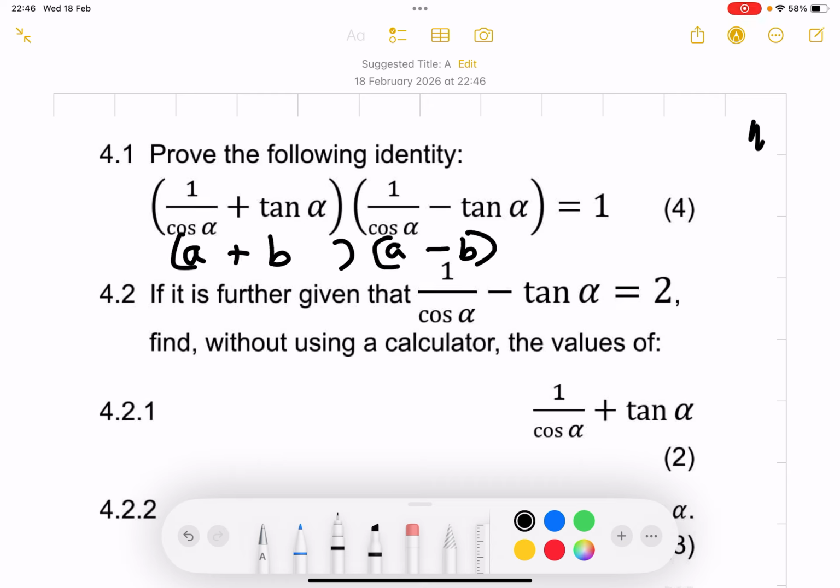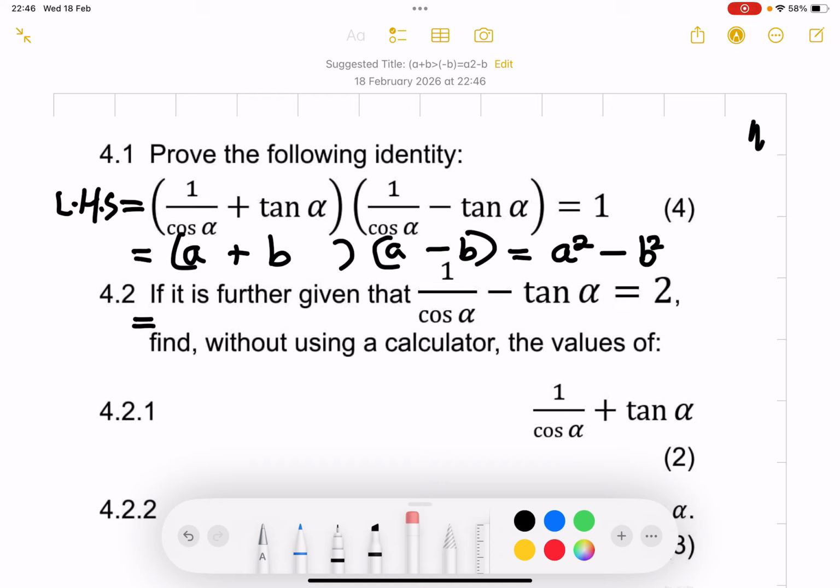And these two brackets give the difference of two squares. Remember, difference of two squares is basically a squared minus b squared, right? So I'm going to apply this. Remember, I'm working with the left-hand side, and I want to prove that this is equal to the right-hand side.